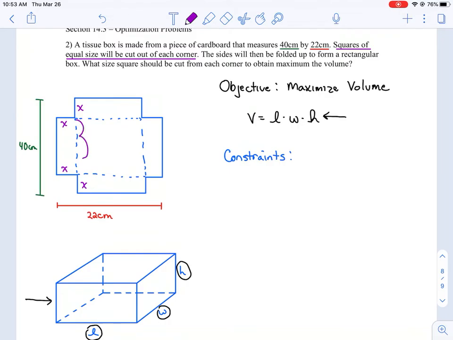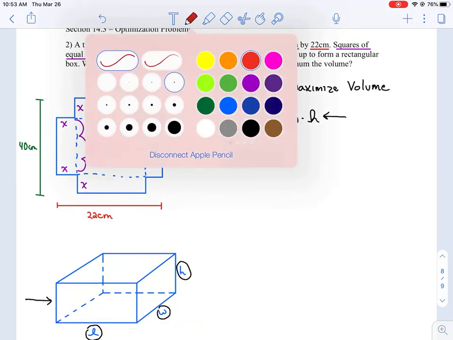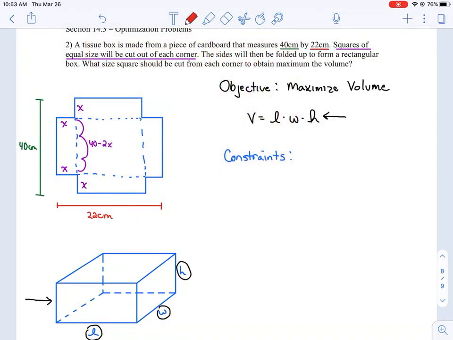So this side length here that I'm highlighting in purple is going to be 40 minus 2x. And the side length that I want to label right here is going to be 22 minus 2x.